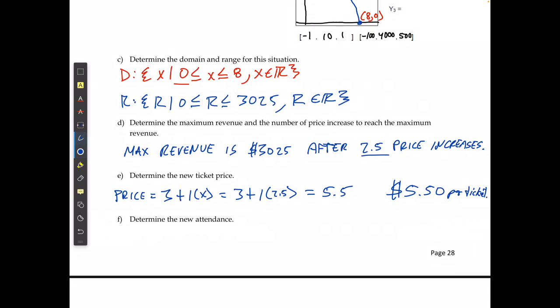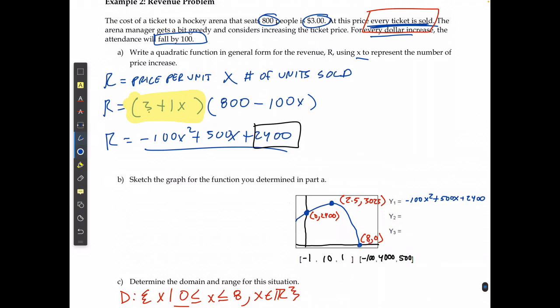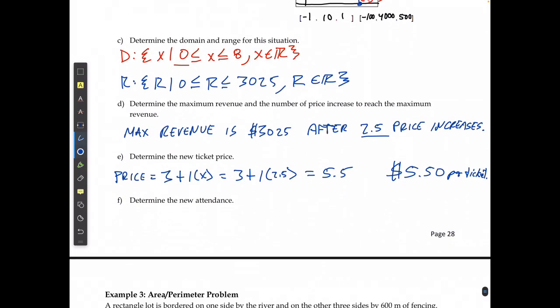If I'm determining new attendance, that was the other part. That was the number of units sold, 800 minus 100x. So what's the new attendance?